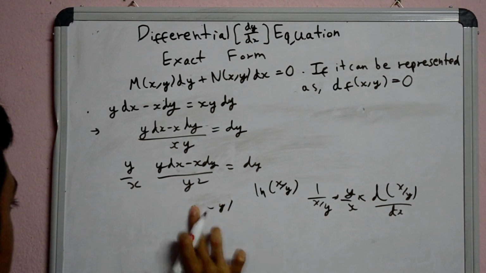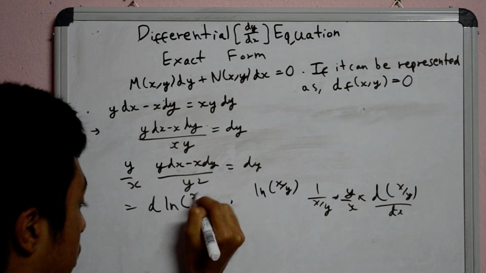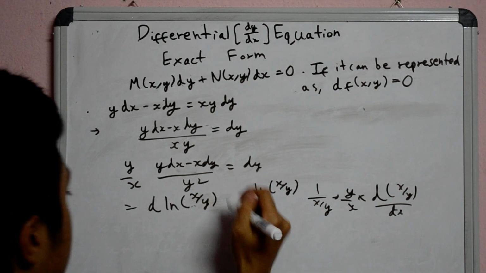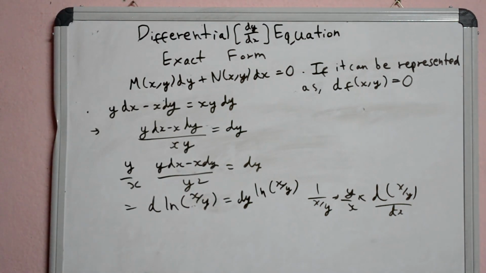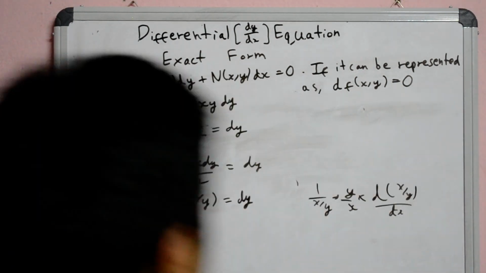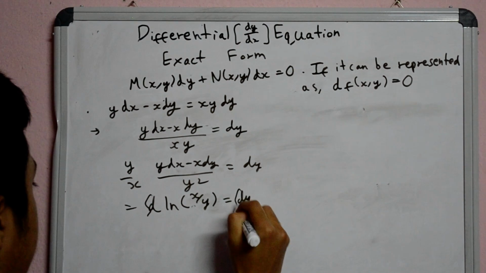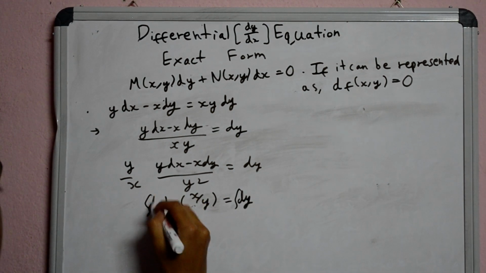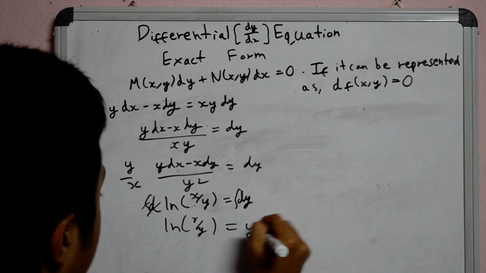So in fact, this whole thing is equal to the derivative of the natural log of x by y, which is equal to dy. If you want to solve this, you can simply integrate both sides, and this cancels, so you get ln(x/y) equals y plus c.